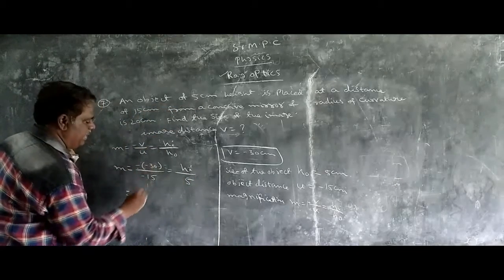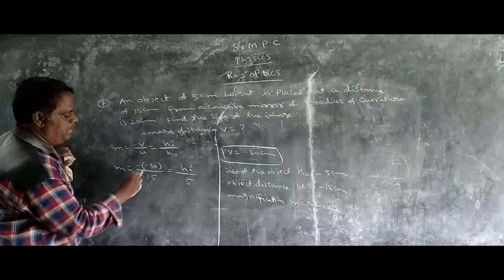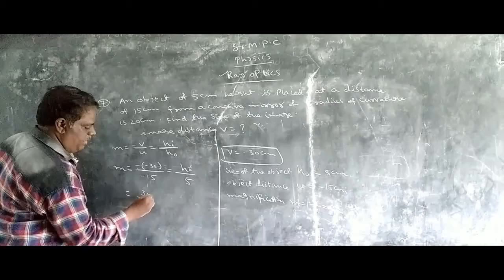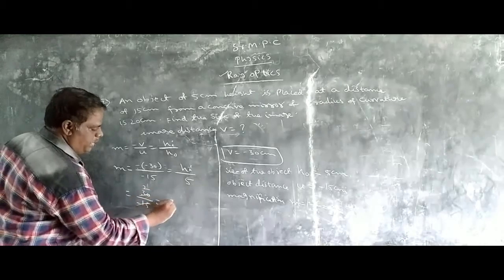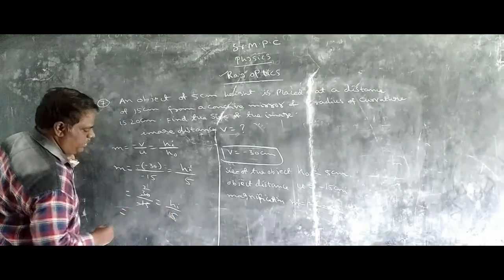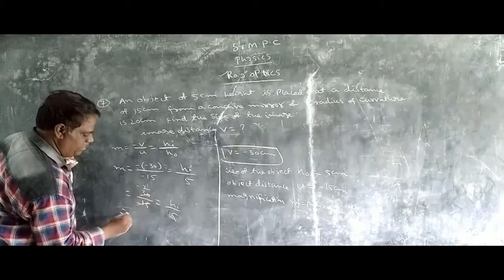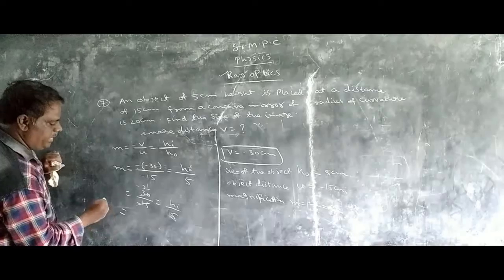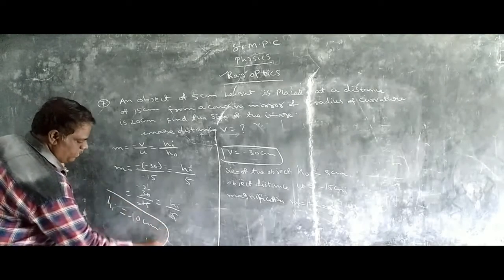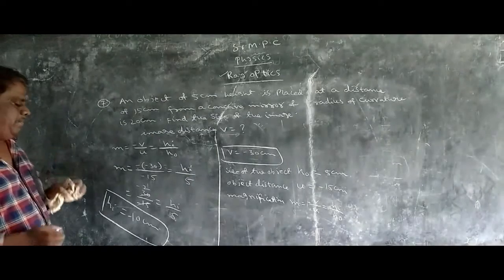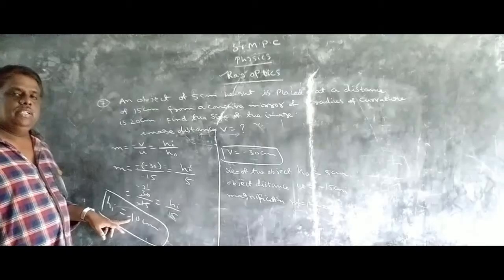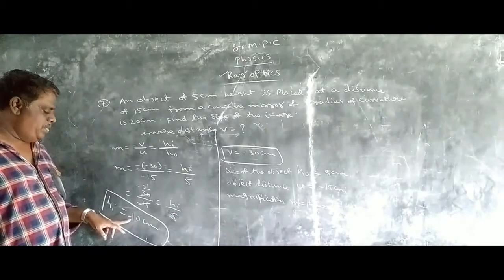So minus of minus becomes plus 30 by 15, it will become 2, that is equal to HI by H naught, where H naught value is 5. So it will be minus 2. That means HI value becomes 10 centimeter. So height of image will be minus 10 centimeter. The minus sign indicates a real and inverted image.